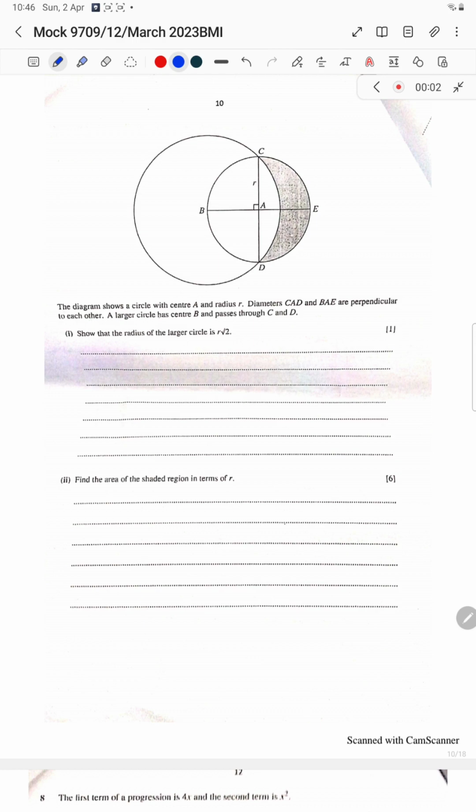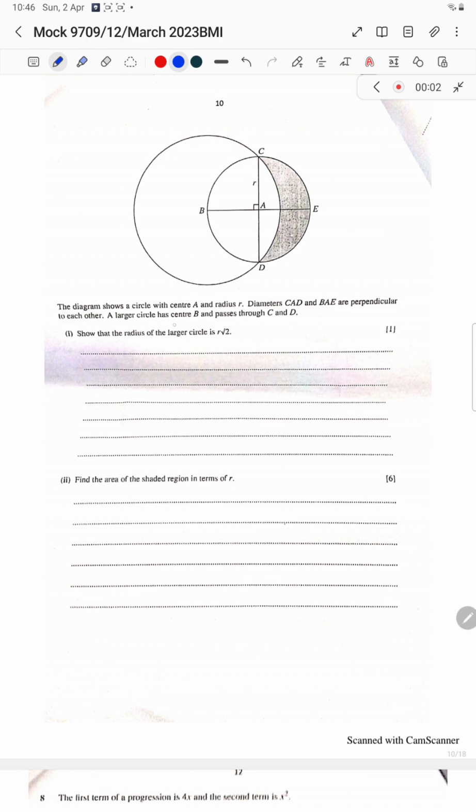The diagram shows a circle with center A and a radius r. This is the small circle. The diameters CAD and BAE are perpendicular to each other, right angle is given.